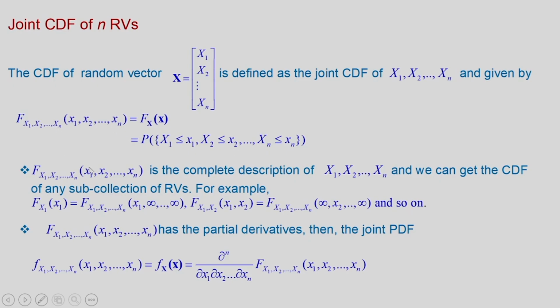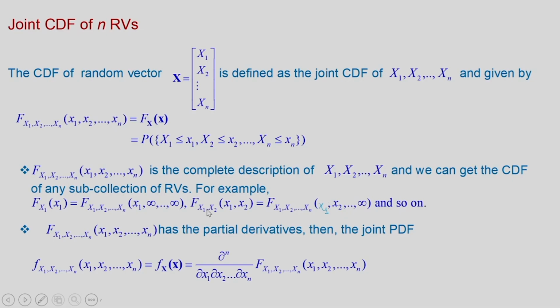Like in the two-dimensional case, the joint CDF is the complete description of the random variables X1, X2 up to Xn, and we can get the CDF of any sub-collection of random variables from this set. For example, to find only the CDF of X1, it is the joint CDF at point x1 with the rest of the points at infinity.